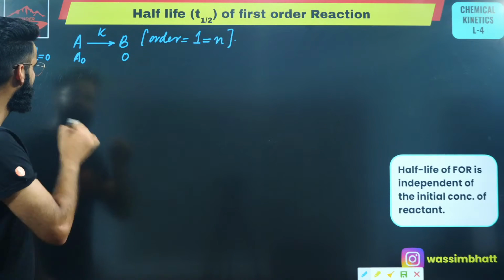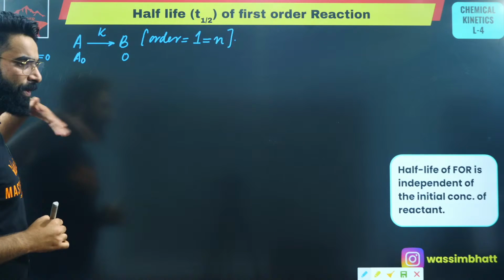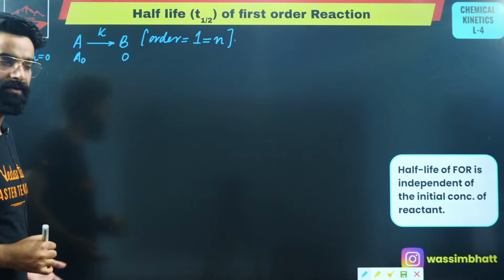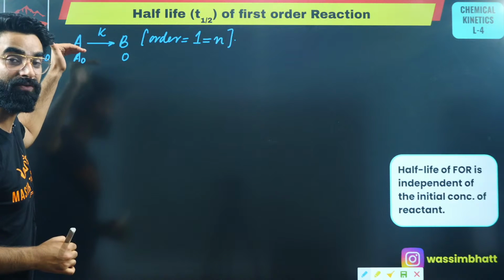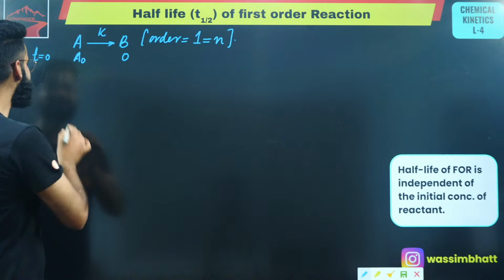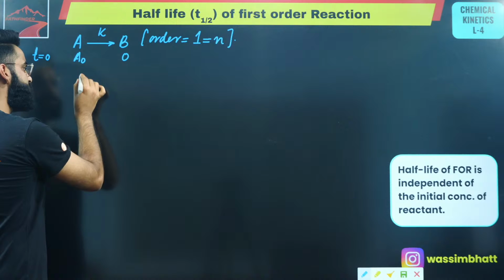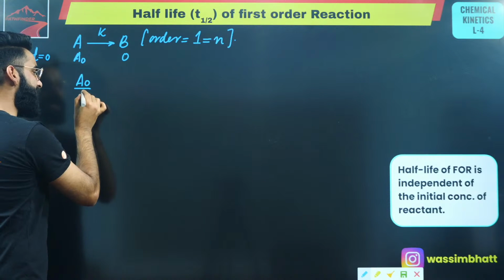Now people, when the reaction starts, what is going to happen? The concentration of reactant will keep on decreasing. Can I say there will be a time when the concentration of reactant left, which I always represent by At, will be A0 by 2?